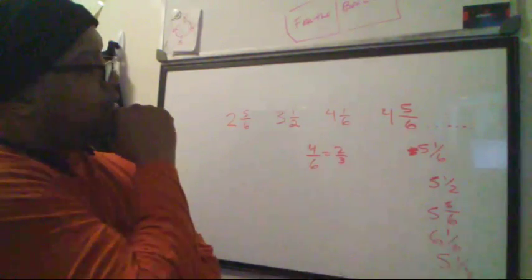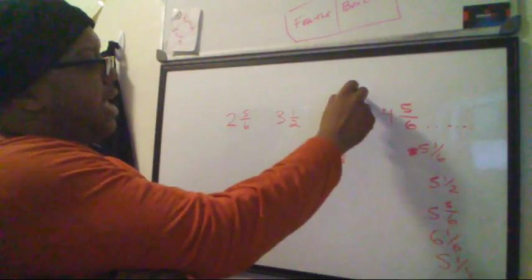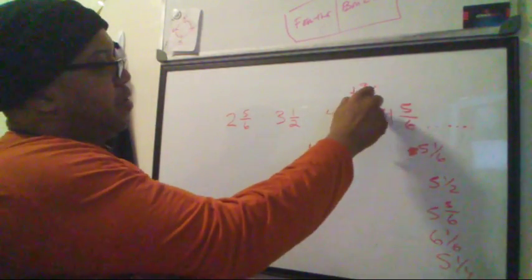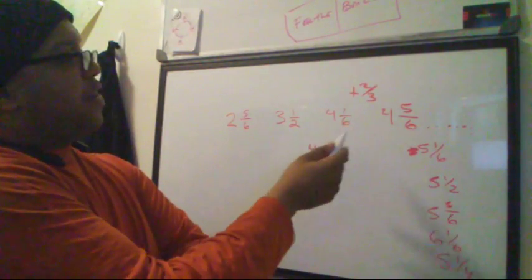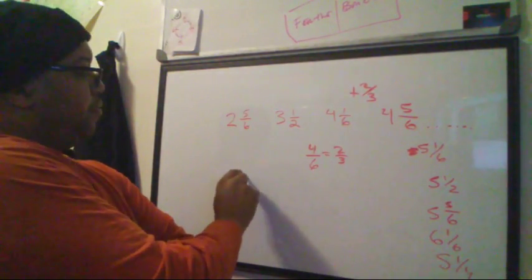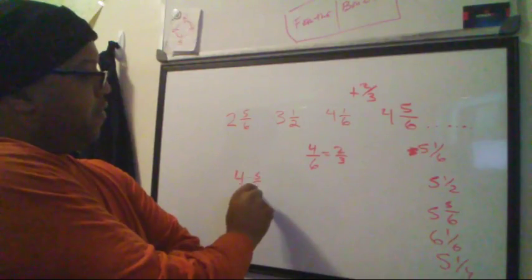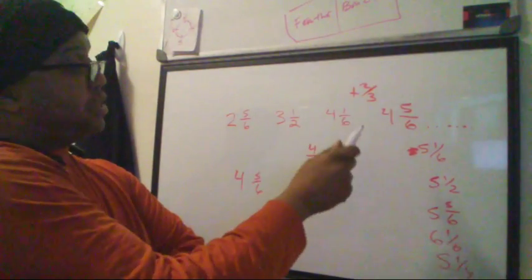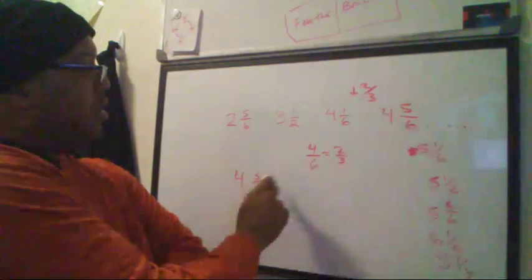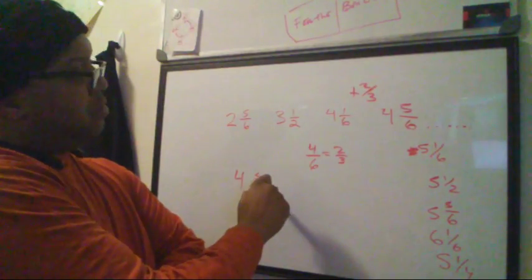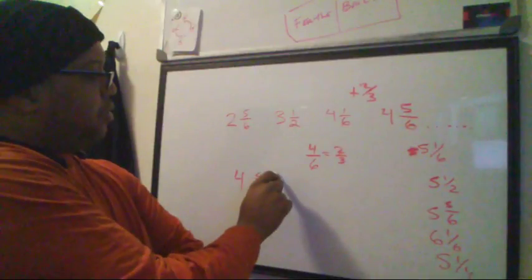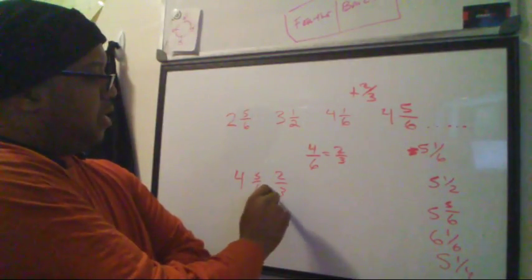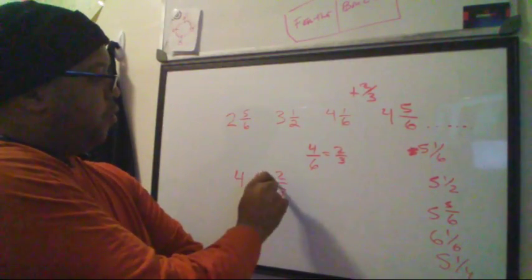And this was added 2/3. So if I add 2/3 to 5 1/6, put the 4 here, 5/6. And that's if it was added. We don't necessarily know that. But I'm just going to play with this for a moment.